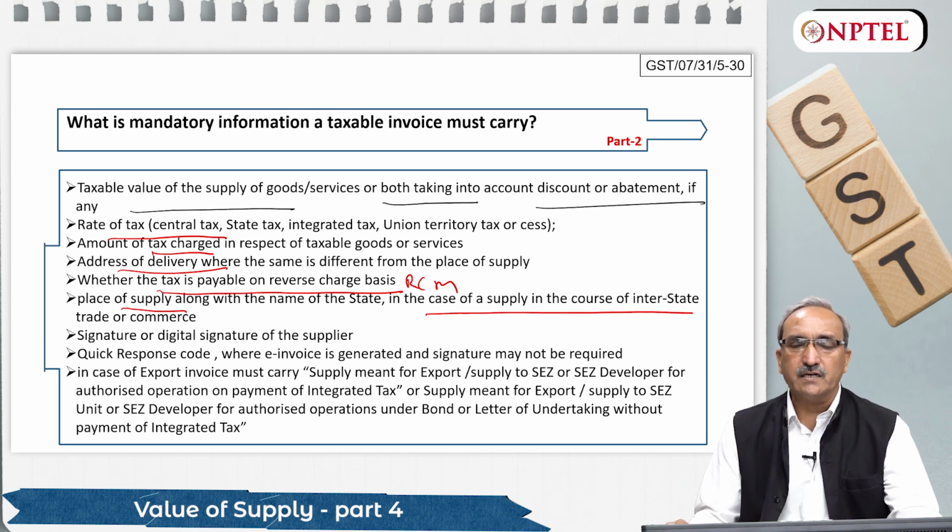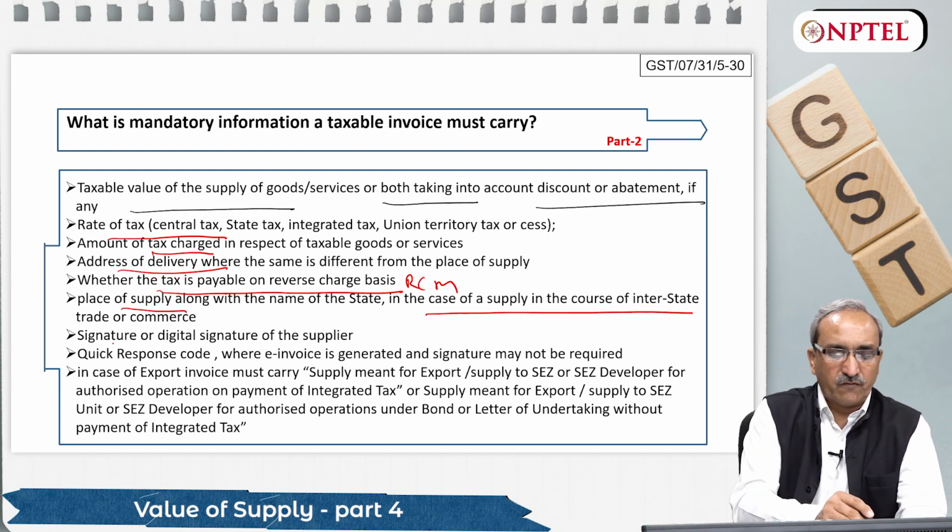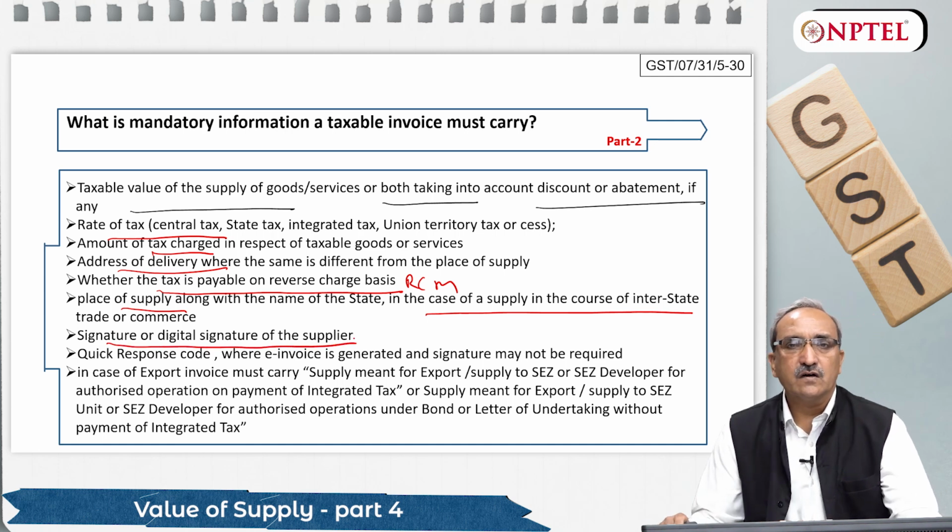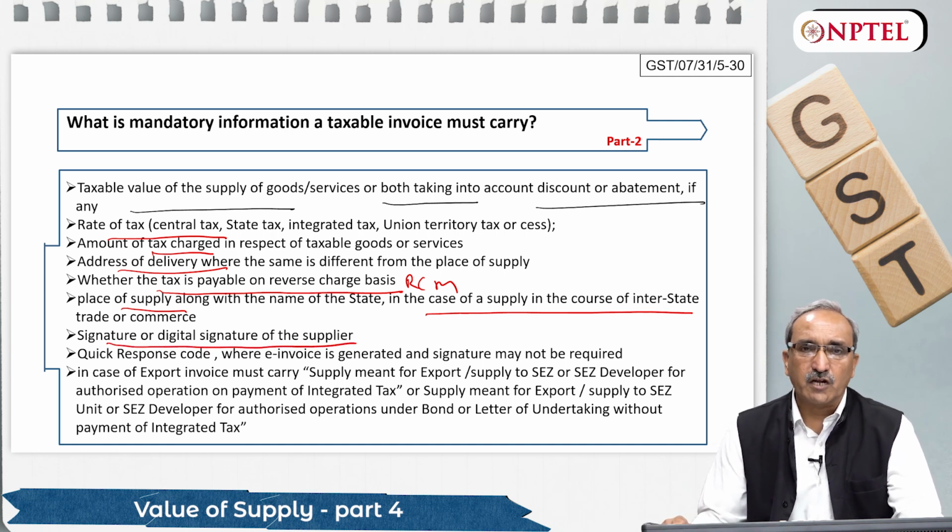So it is very important that on the invoice it should be mentioned where the delivery is given. Then of course signatures of the authorized person on the invoice must be there. That makes the invoice a valid, authentic invoice issued by you or issued by the company.